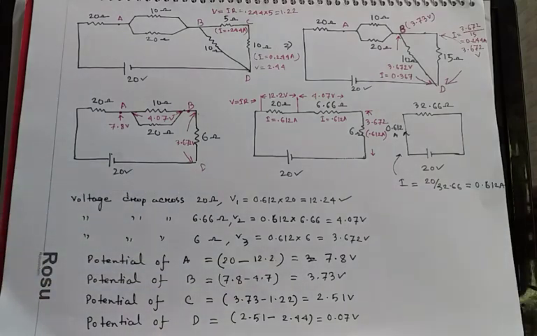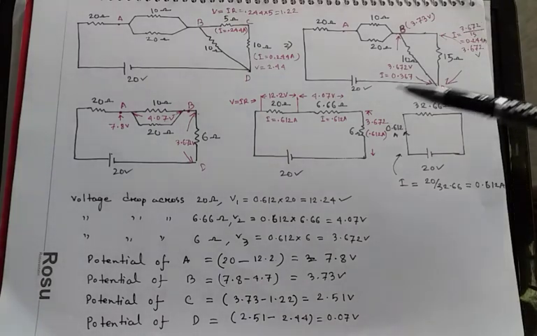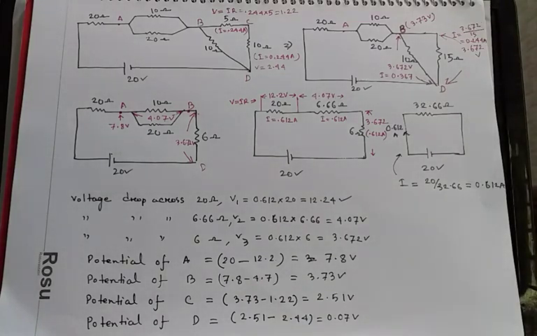You just have to make a proper calculation in an easier way, going straight point by point. So we have calculated the potential for point A and for B.